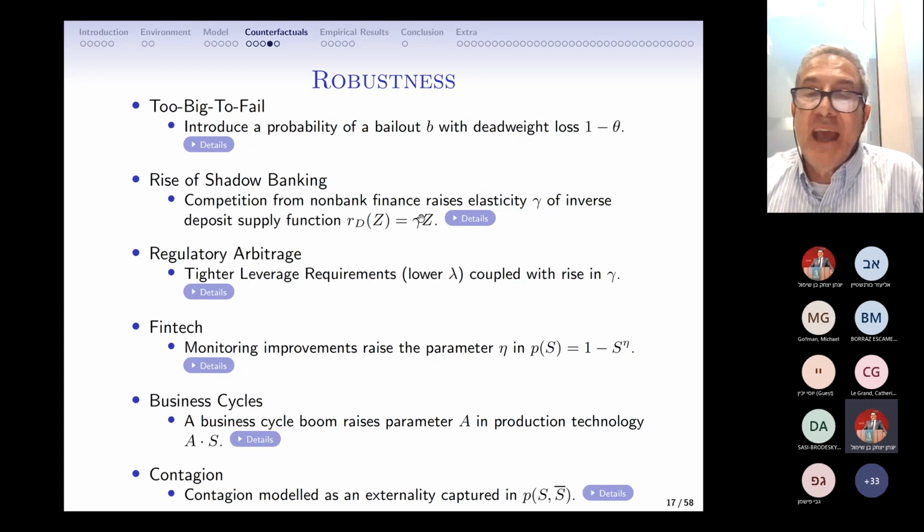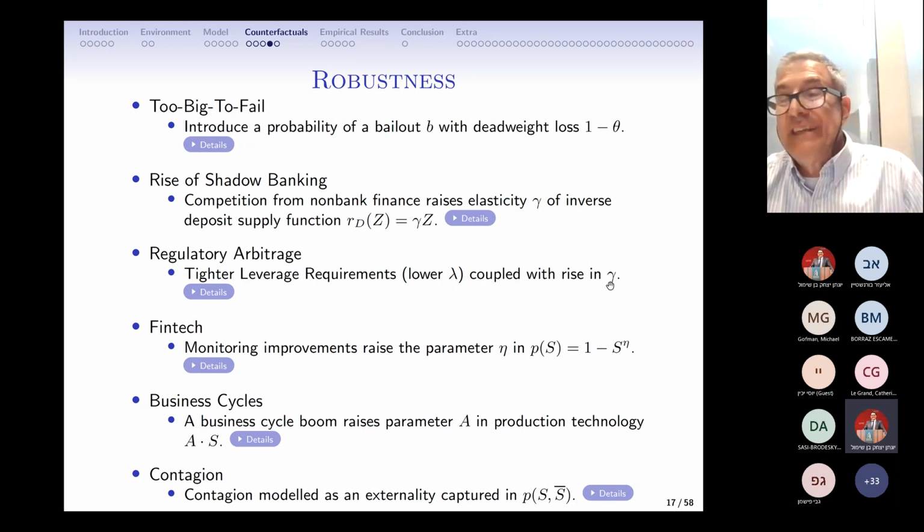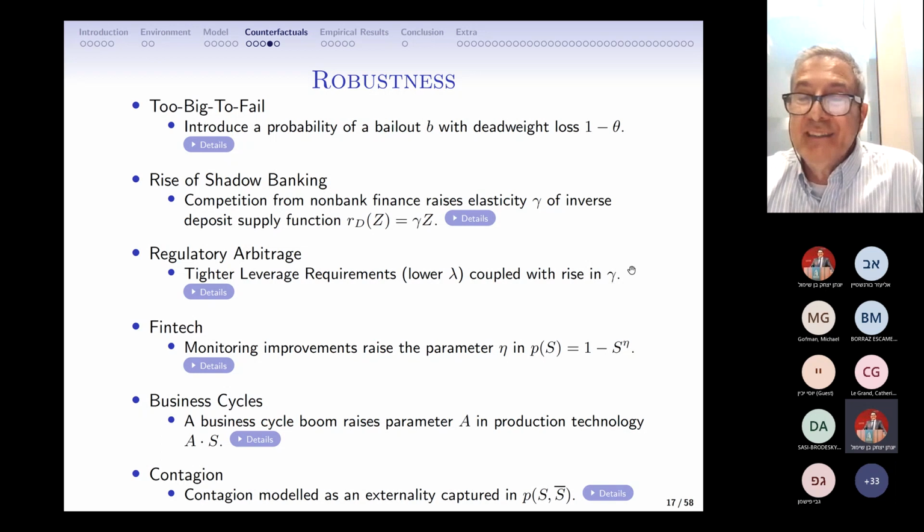That's just a change in this parameter gamma. You can run regulatory arbitrage: if capital requirements are raised or leverage constraints are made tighter, it leads funds to go over into the shadow banks, and that would be a change in gamma. You can think about fintech as a change in this parameter eta. You can think about business cycles; the model generates pro-cyclical lending and things like that.